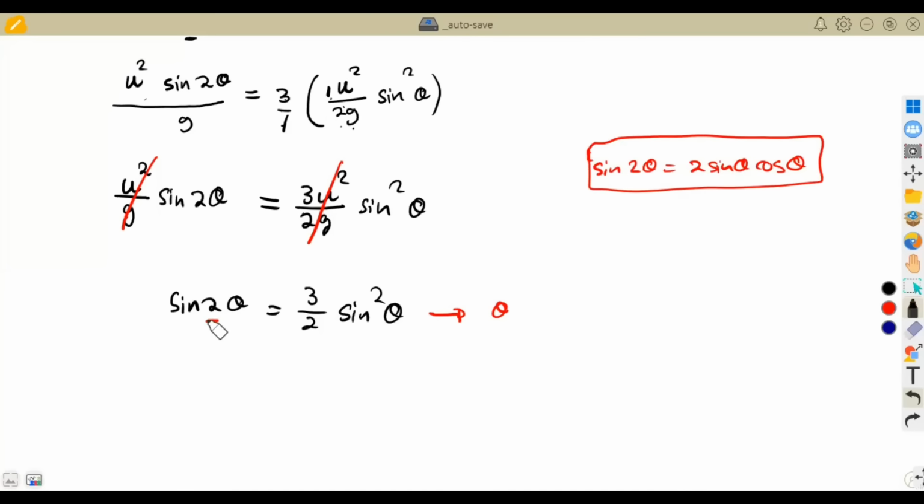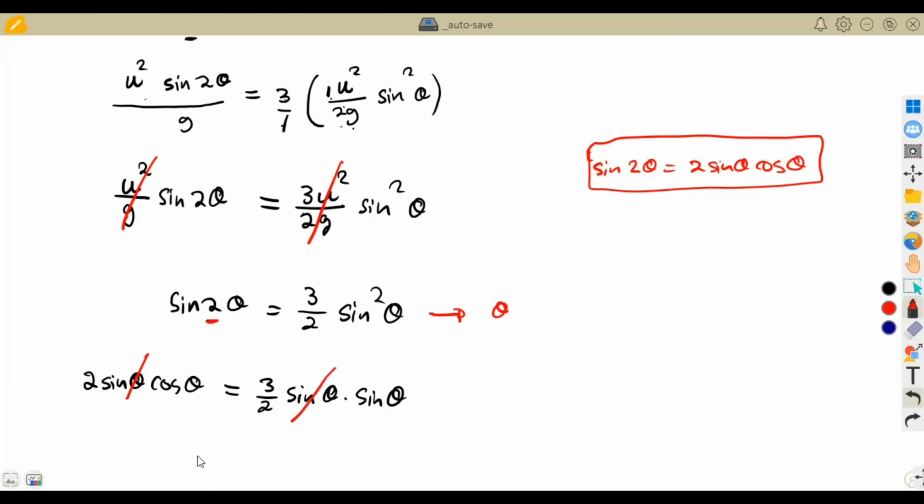So this is going to give us 2 sine theta cosine theta, which is equal to 3 over 2 sine squared theta, of which sine squared theta means there are 2 of them. It's like sine theta times sine theta. So here we can cancel one sine theta.